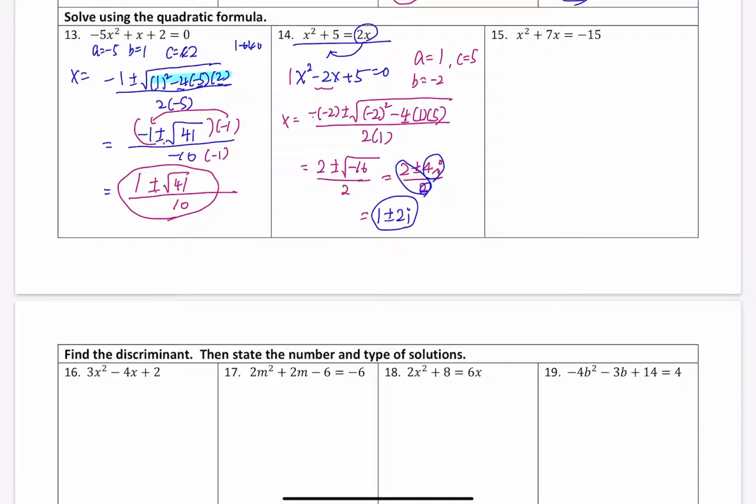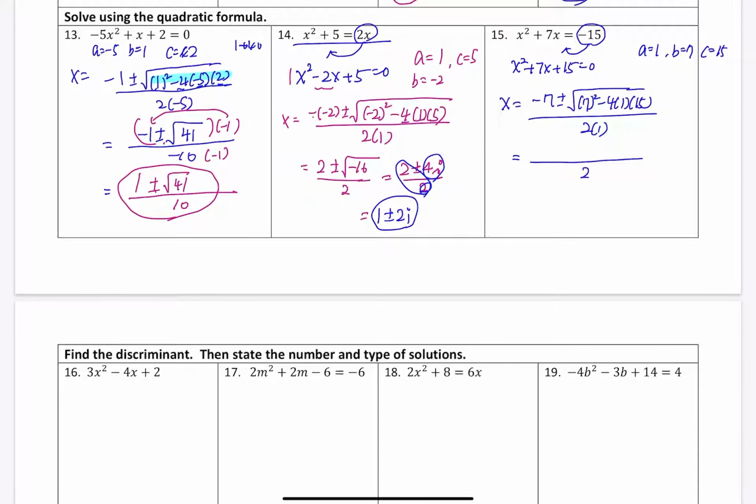Next, to use the quadratic formula, you move the constant to the other side, switching signs. x squared plus 7x plus 15 equals 0. And then use the quadratic formula, negative b. A is 1, b is 7, c is 15. So negative b plus minus square root of b squared minus 4ac all over 2 times 1.